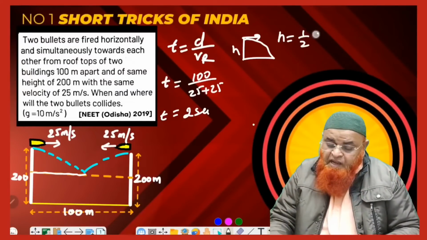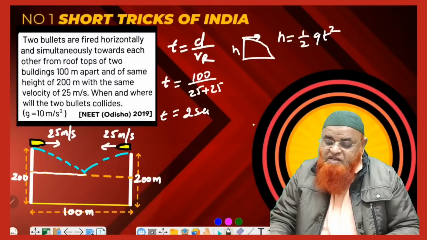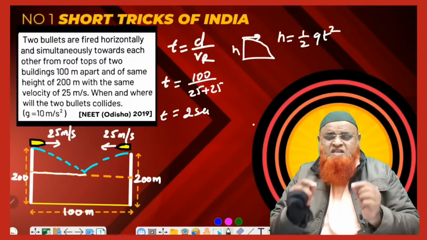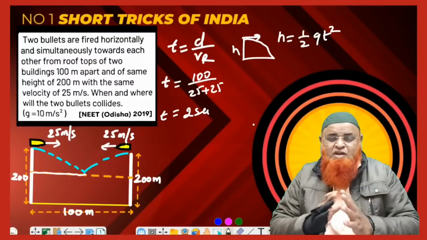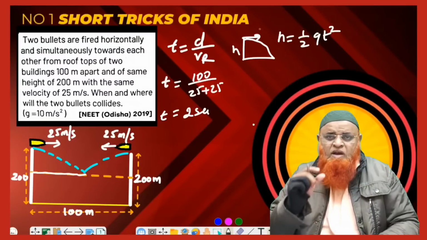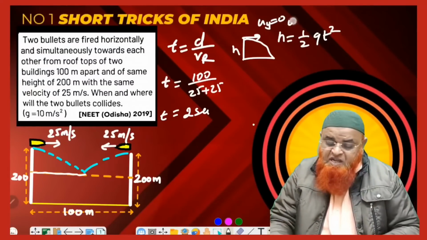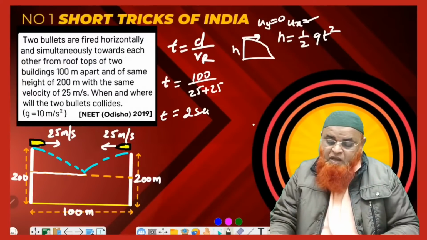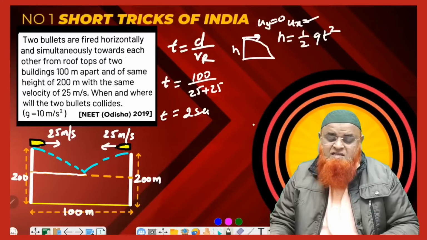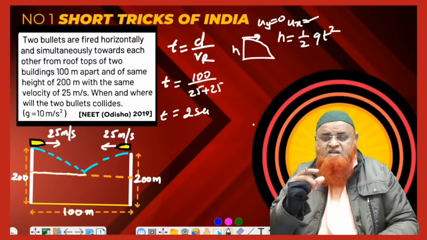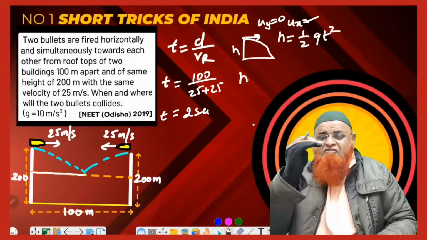For that, h is equal to half g t square. This is the formula, because the initial velocity along the y-axis is 0. Uy is 0 at the topmost point of projection. Here only ux will be there, that's it. So he's asking us to find out how much they have come down from the top.